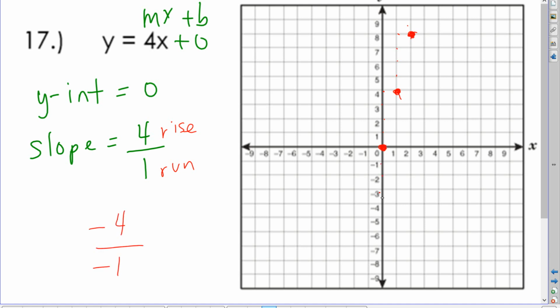Down 4, left 1. Connect your points with a straight line and label it. If I had a ruler, my line would be better than that. Don't do this. This down here, that's pretty bad.